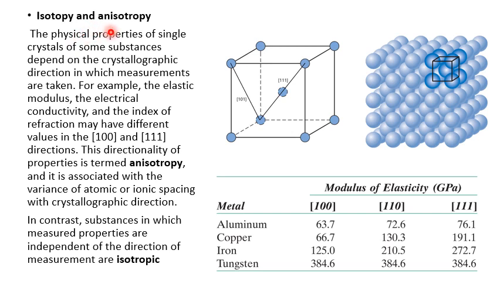In contrast, an anisotropic material has different values of mechanical and physical properties, depending on the direction in which these measurements are taken.